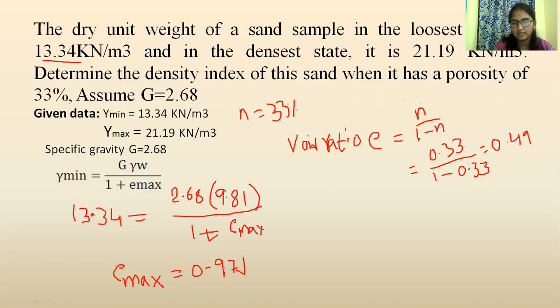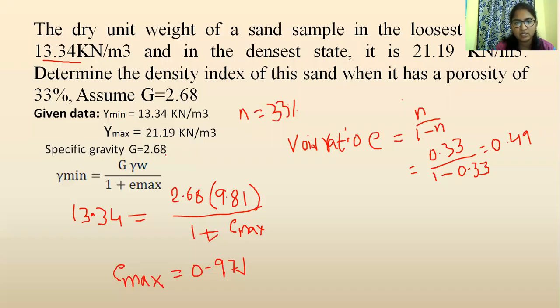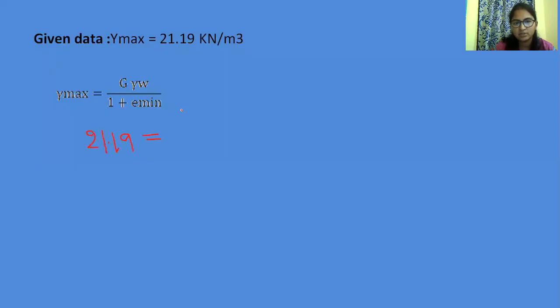Next calculate the e minimum value. Gamma max value is already given; substitute that value in the equation below. 21.19 is equal to G, the specific gravity, 2.68, times the unit weight of water, 9.81, divided by 1 plus e minimum.